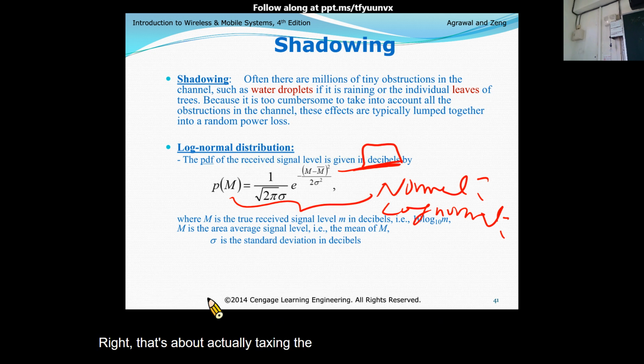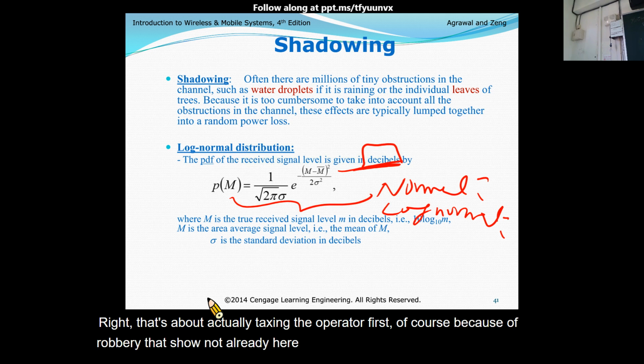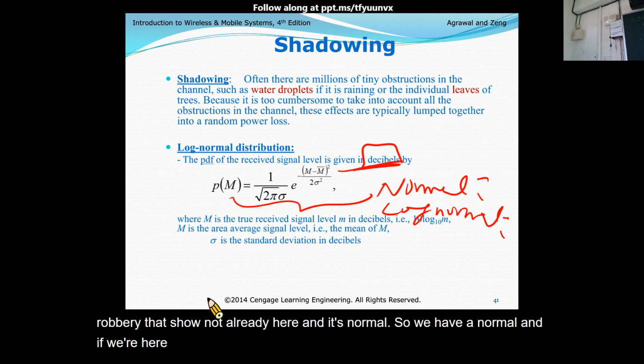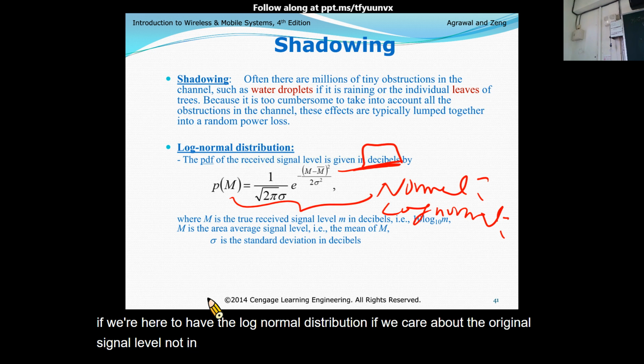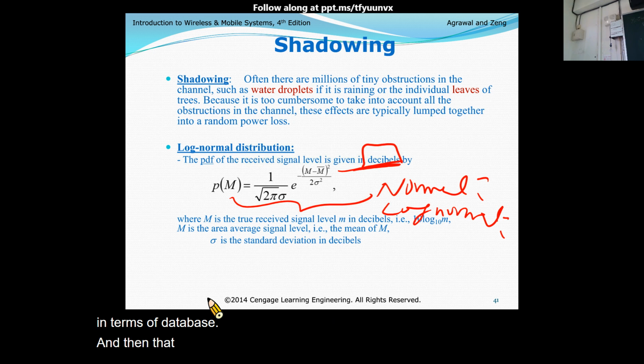Of course, because of logarithm, log is already here, and the normal, so we have the log normal distribution. If we care about the original signal level, not in terms of decibels, then that signal strength follows the log normal distribution. So in fact, the current signal we have follows log normal.